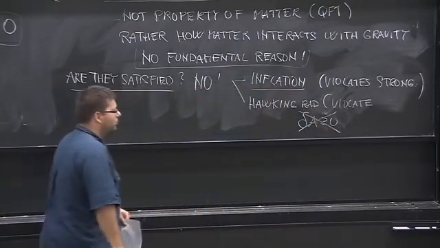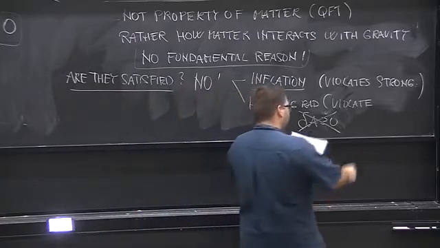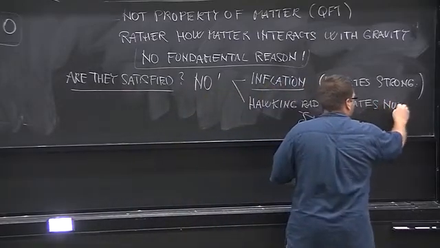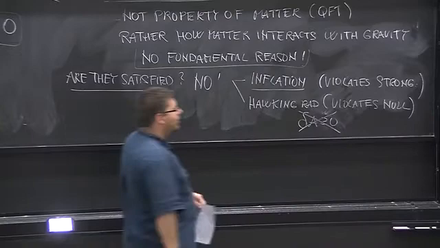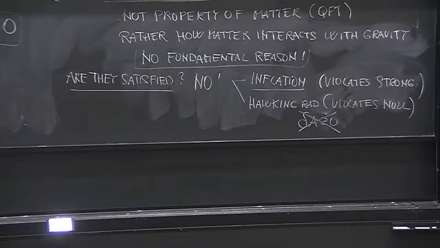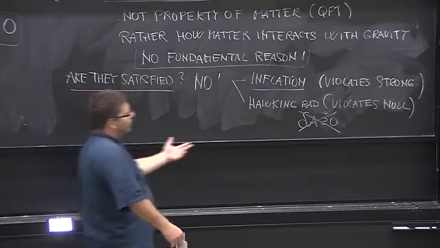So this violates the null energy condition, which is, by the way, the only one which people really believe should always be satisfied. Now they replace this with this average quantum null energy condition for quantum matter, but it's not clear whether that's satisfied.